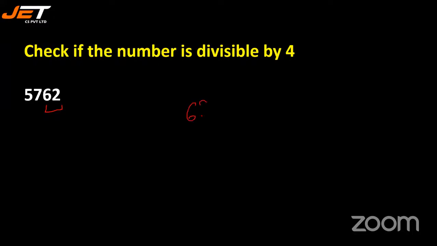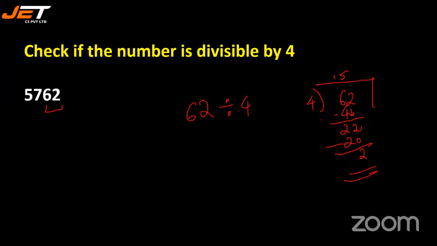So 62. Is 62 divisible by 4? Let's check it out. 4 times 1 is 4. 2 here, 2 here. 4 times 5 is 20. I'm again getting the remainder. That means this is not exactly divisible by 4. So this is also not divisible by 4.